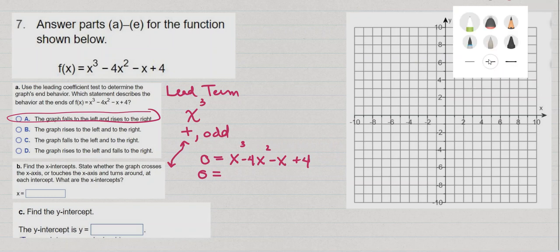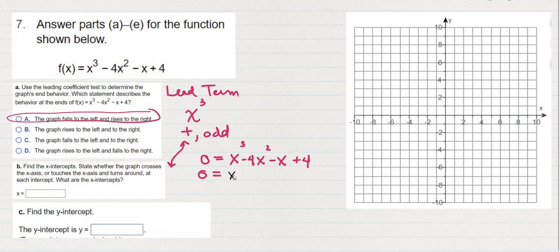So I'm going to factor by grouping: factor out an x squared, and I'd have x minus 4. And then I could factor out a negative 1, x minus 4. So it gives us x squared minus 1 and x minus 4.